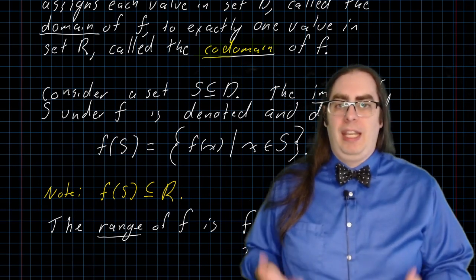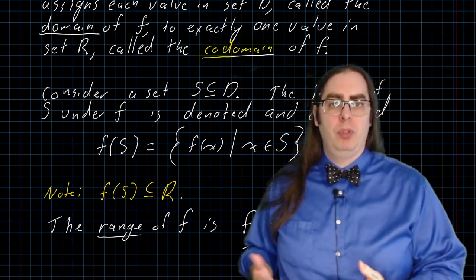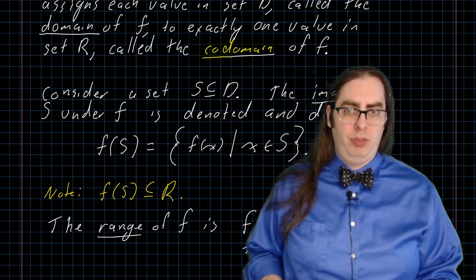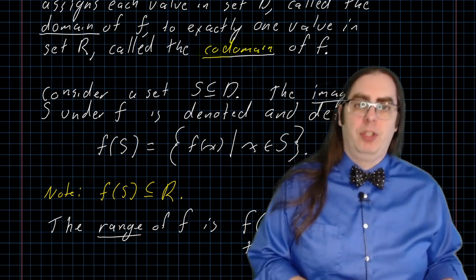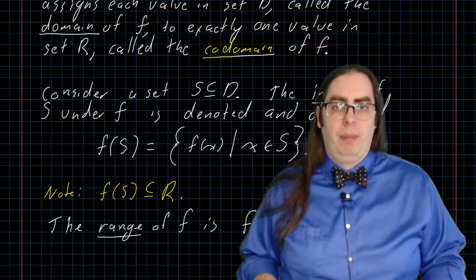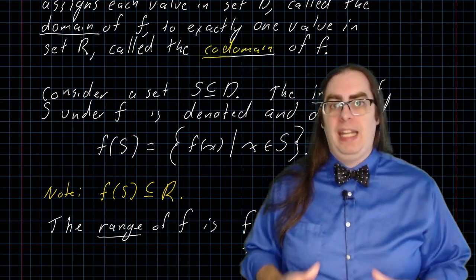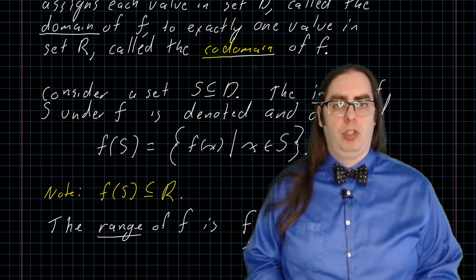So are we taking a function that takes on real numbers, two-dimensional vectors, three-dimensional vectors, something else? And are we getting out two-dimensional vectors, three-dimensional vectors, real numbers, complex numbers, something else? That's what the domain and the codomain are there to talk about.